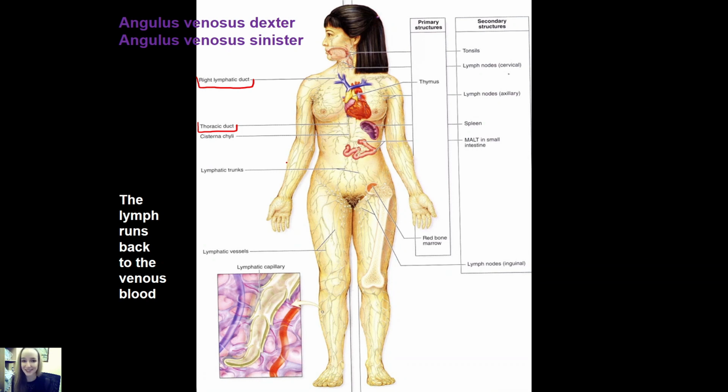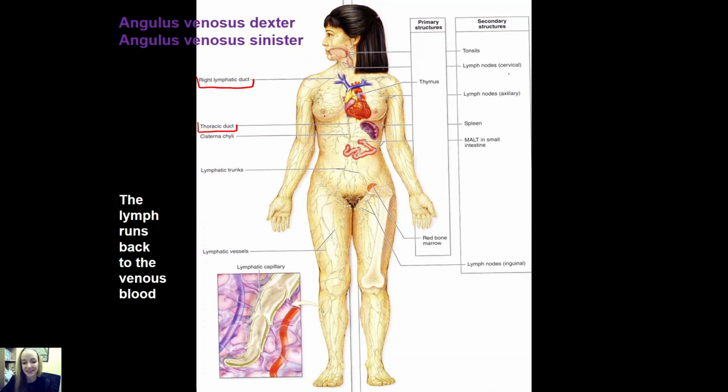So this is, once again, as I told you before, two main ducts that put lymph back to the venous system, because we don't want to lose fluid all the time. Okay, so we need to put the fluid back to the system.